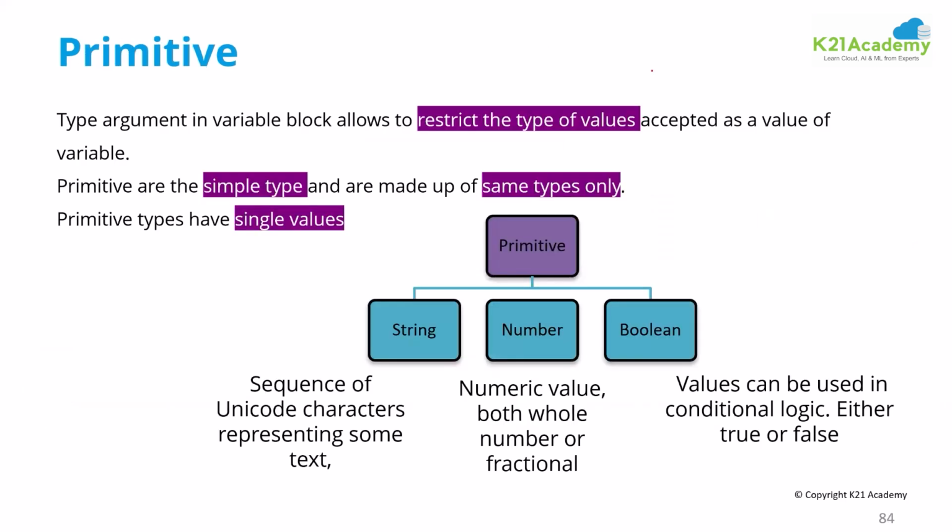First of all, primitive. Primitive means, I told you, we are talking about single values. String, a sequence of Unicode characters. Number, whole number and fractional, both of them are accepted. Boolean, logical, either true or false. This is straightforward.